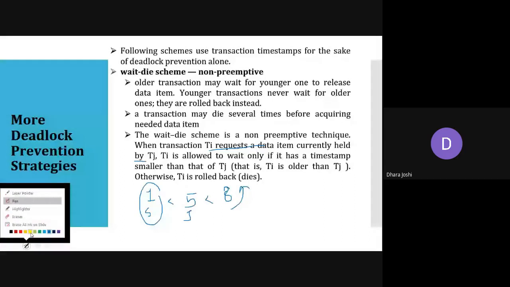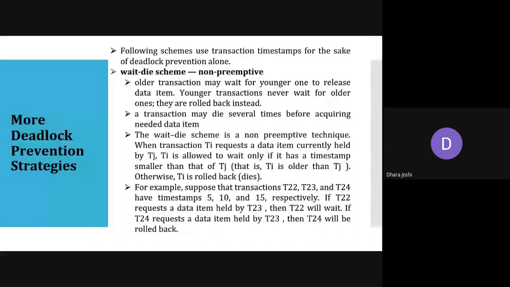For example, suppose transactions T22, T23 and T24 have timestamps 5, 10 and 15. I am writing the timestamps here: T22 is 5, T23 is 10, and T24 is 15. So T22 is the senior, T23 is the junior, and T24 is the most junior one.